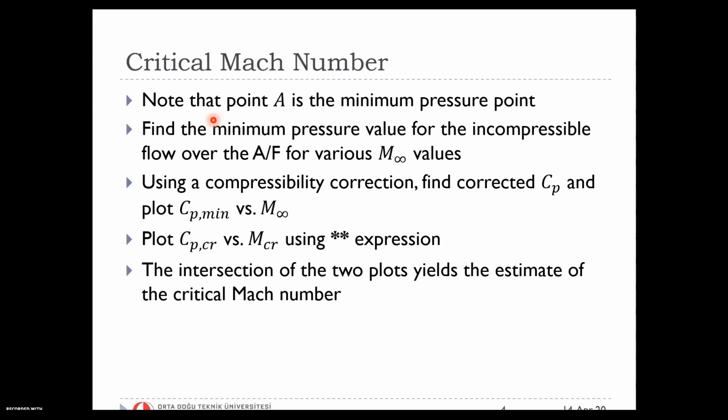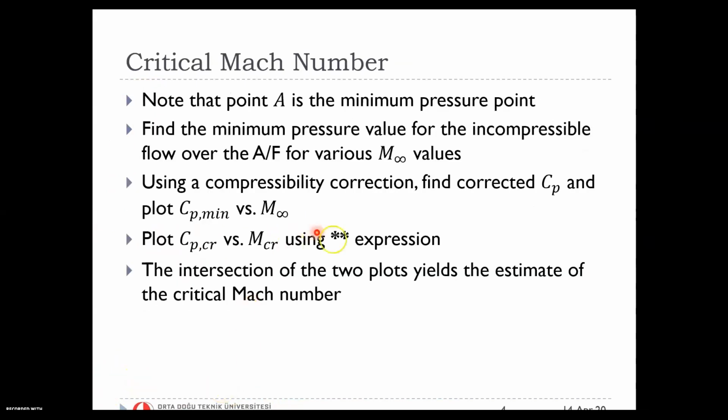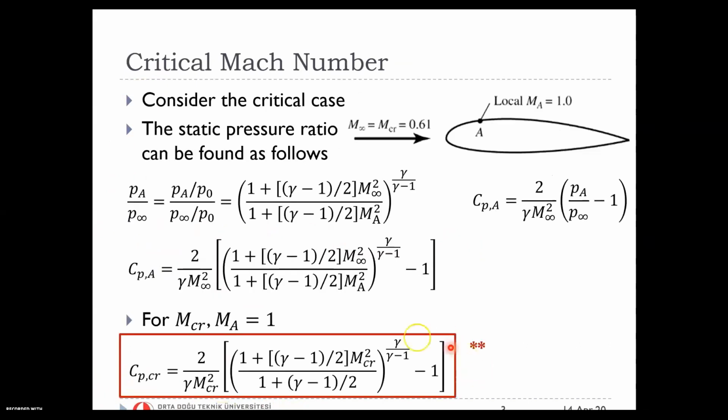Okay, because what you are doing up to this fourth step is completely related to the airfoil, and it will change from airfoil to airfoil. Then you need to also plot this CP critical versus Mach critical curve, using the expression that's shown here.